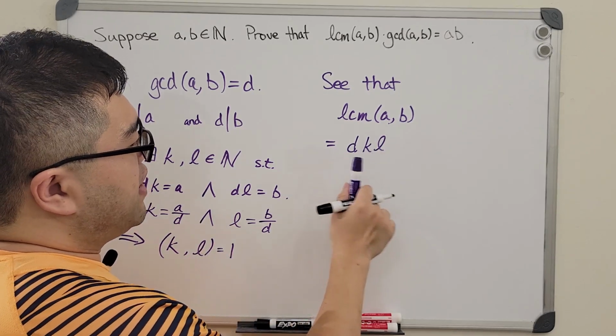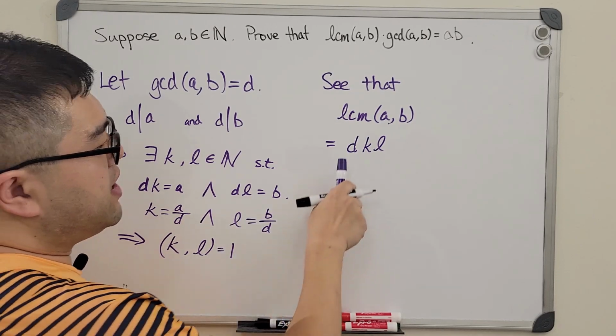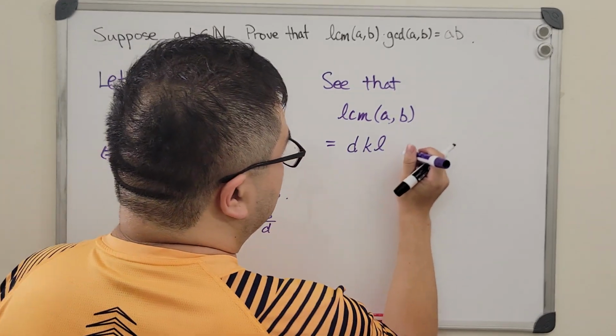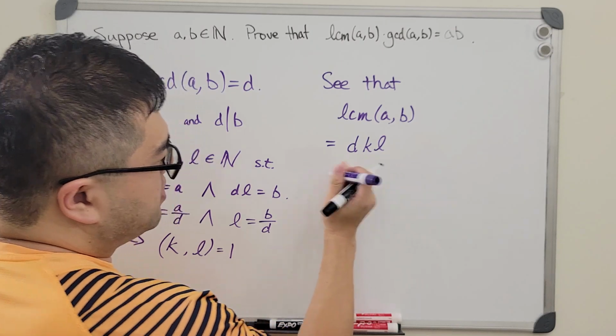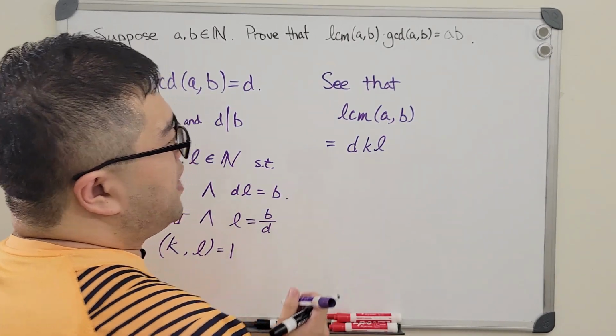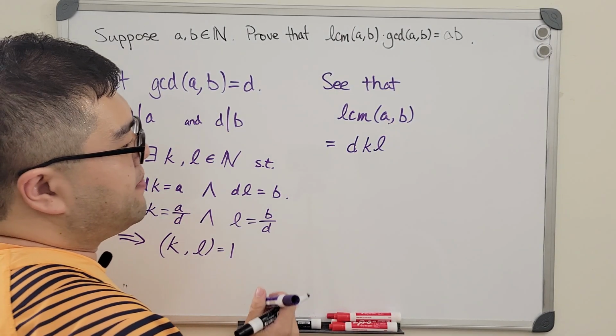And of course, they have the common multiple D here, such that this term is divisible by A, which is equal to DK, and divisible by B, which is DL, at the same time.